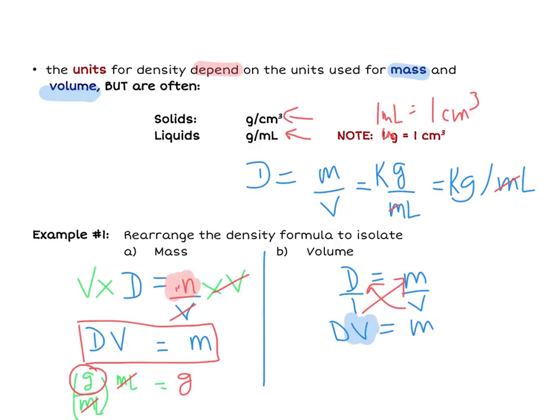So in order to undo the multiplication, I do the opposite operation and I divide. So I'm going to divide out my d. Whatever I do to one side, I do to the other, and that allows me to cancel out my d's, and now I finally have v is equal to m divided by d, and I'm good to go.